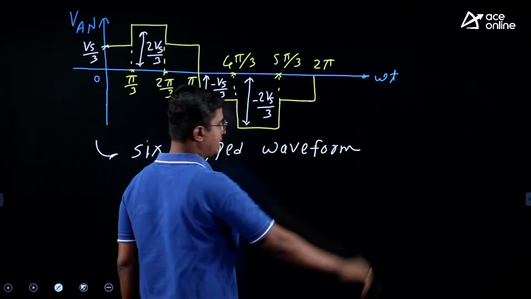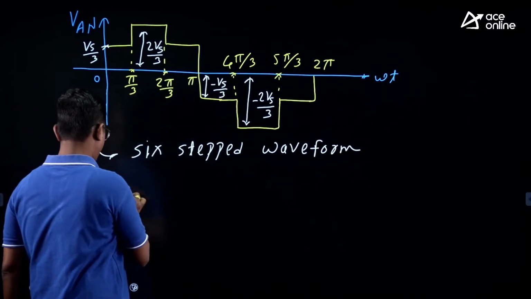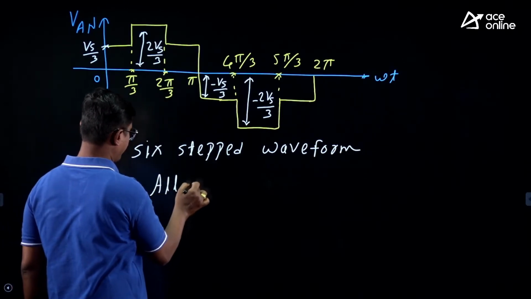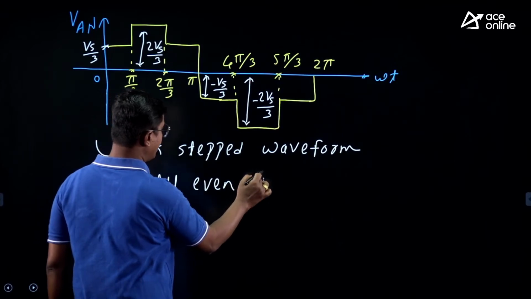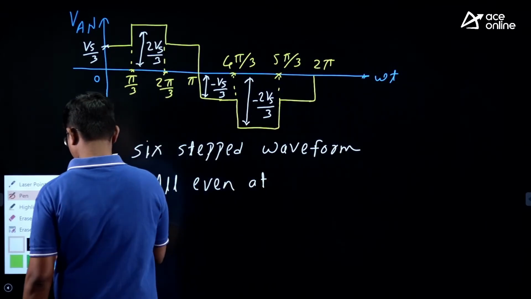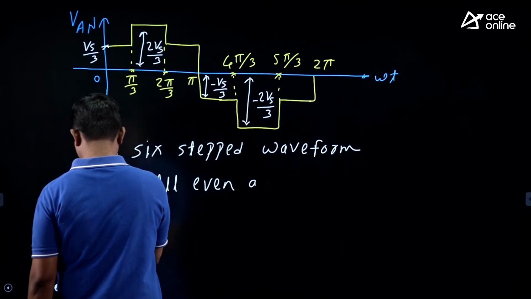Which harmonics are absent? All even and triple N harmonics are absent.